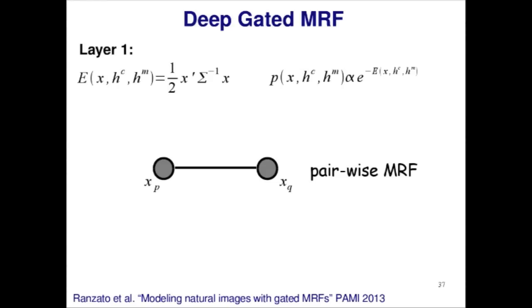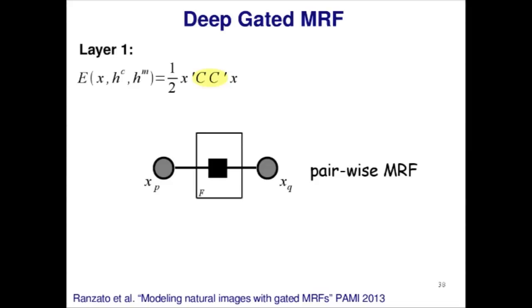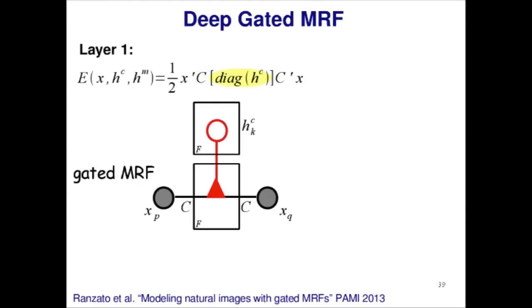Now, this is good, but not good enough, because what you want is also to model the fact that sometimes there are edges, and you don't want to interpolate between pixel values that are across the edge. And so in order to deal with that, we introduce latent variables that modulate the coupling between every pair of pixels. And so in order to do this, we first factorize the inverse covariance matrix, and then introduce a diagonal matrix with latent variables.